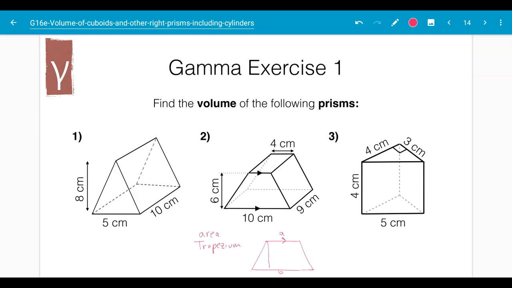The A and the B are your two parallel sides, and you've got the perpendicular height. I'll leave these with you guys. And then the next lesson I have you, I'll go through the exam style questions and the challenge. Cool.